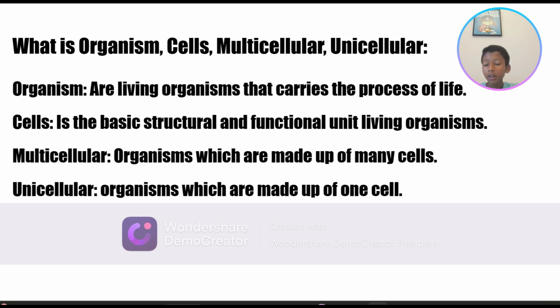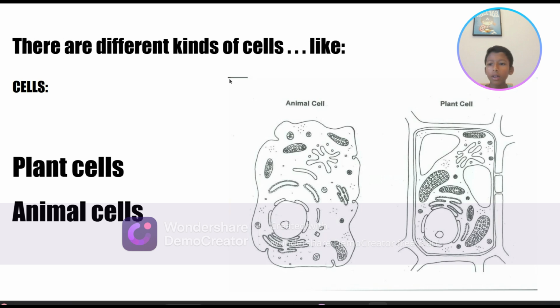Unicellular organisms are made up of only one cell. There are different kinds of cells, like plant cells and animal cells.